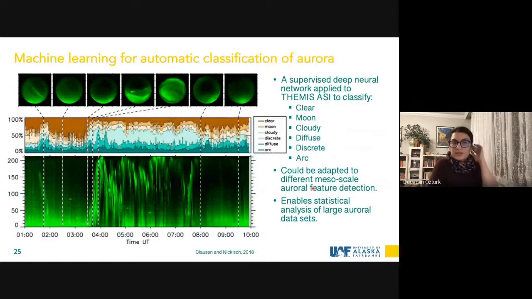There are also different machine learning efforts for us to understand the dynamic aurora. Here is a recent study by Clausen and Nikish. They have used a supervised deep neural network and they applied it to the THEMIS all-sky imagers.